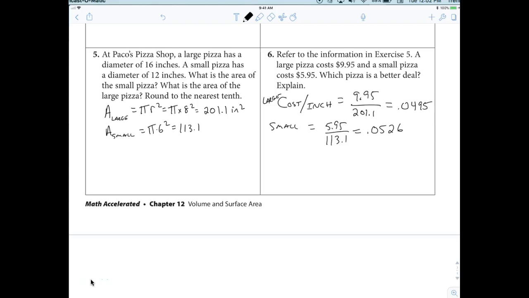Okay, so that's a little bit more than 5 cents. Everybody agree with that? Again, guys, this is important for your ERB, so you got to be listening to it. Make sure you understand. Which one is the better deal? The large pizza, because it has a cheaper cost per square inch.